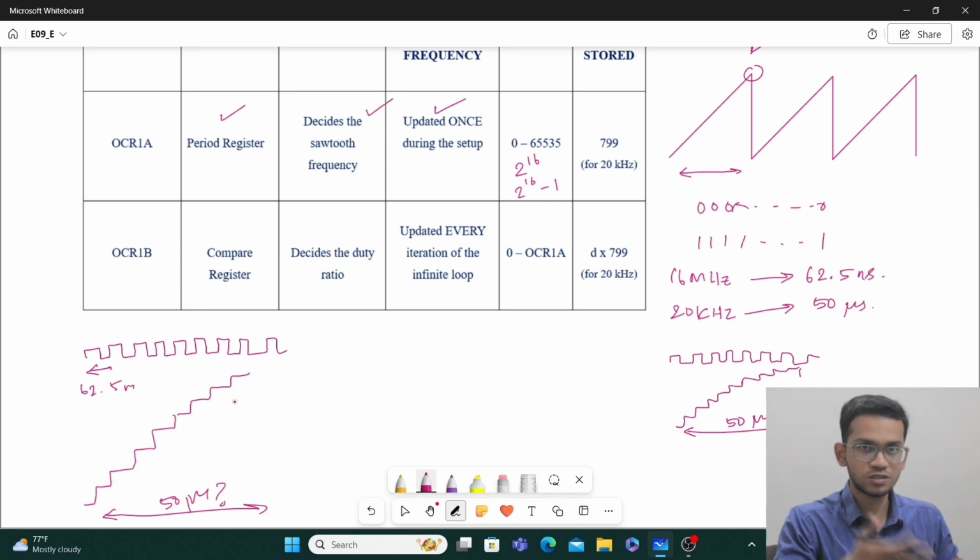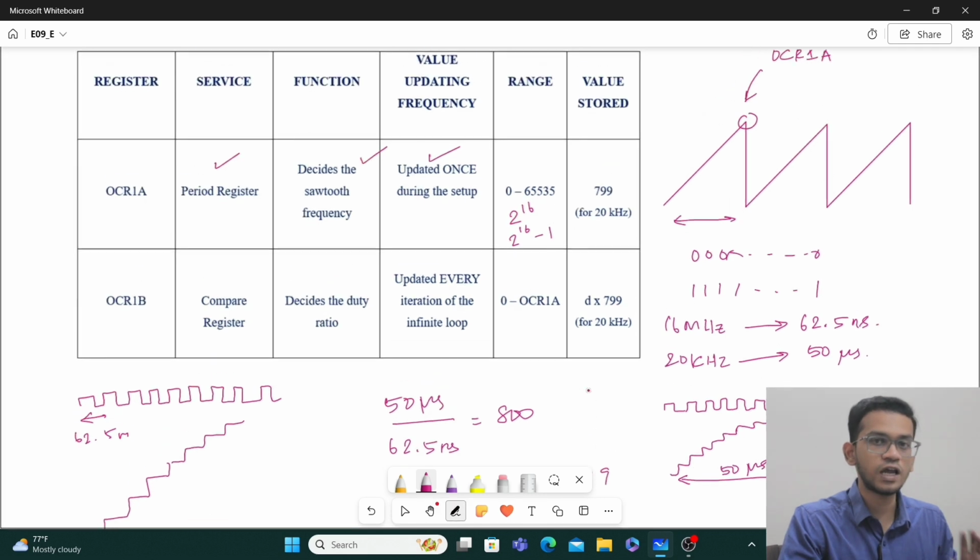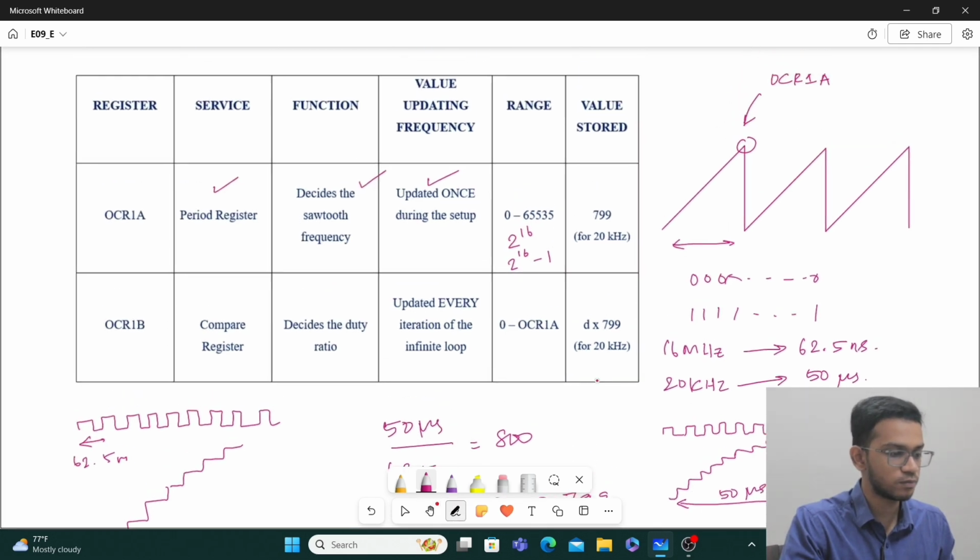It's a sawtooth waveform, a triangle, y is equal to mx line. So how many should I place? I should just divide 50 microseconds, this total time, by the time of the clock, 62.5 nanoseconds. If you do this, you will get 800. Since 0 is also included, I should count up to 799 so that there are totally 800 states. So that's why I'm counting up to 799 here.